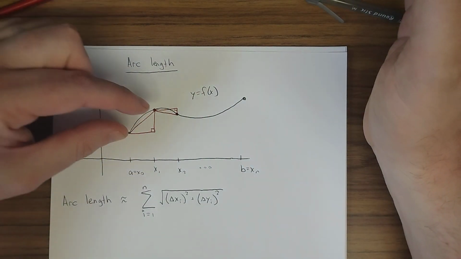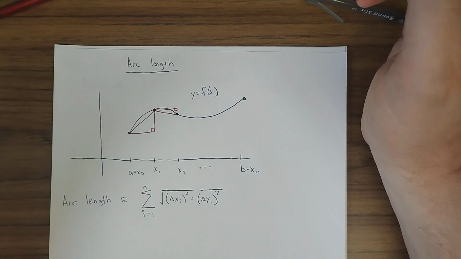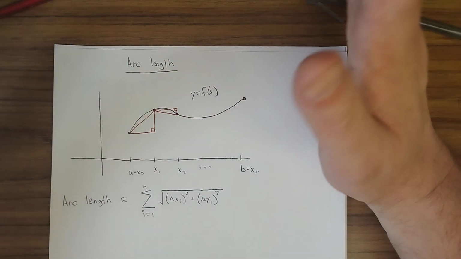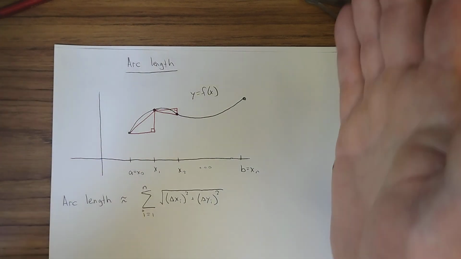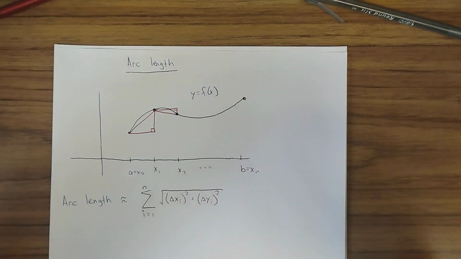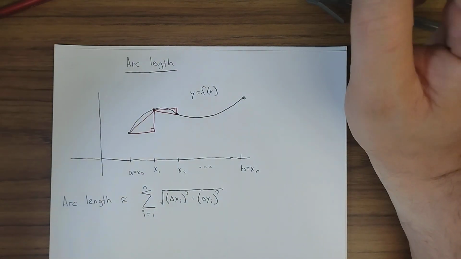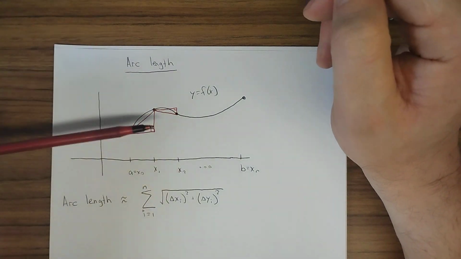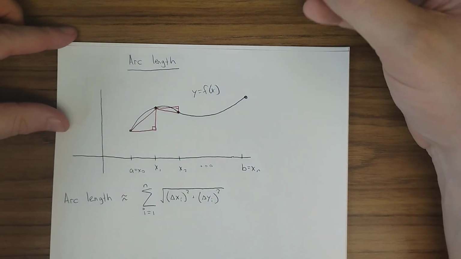In this case, it would be the length of each little piece. I add up all the lengths of all the little pieces, and that's my approximation. And then I take the limit as the number of pieces goes to infinity and my pieces get smaller and smaller. That's what we're about to do, and that's what these red triangles are about.